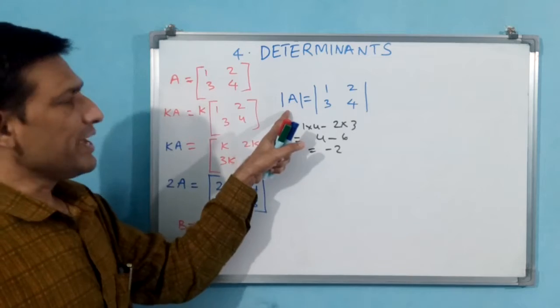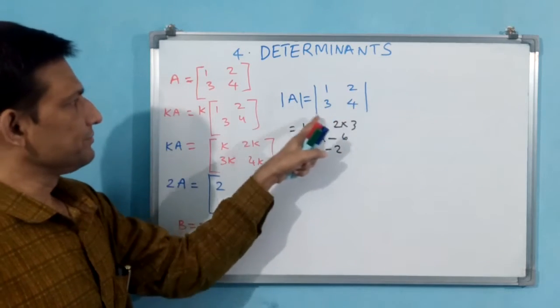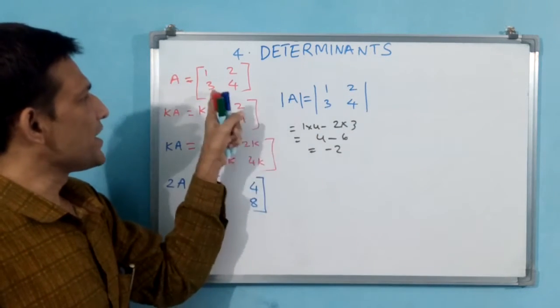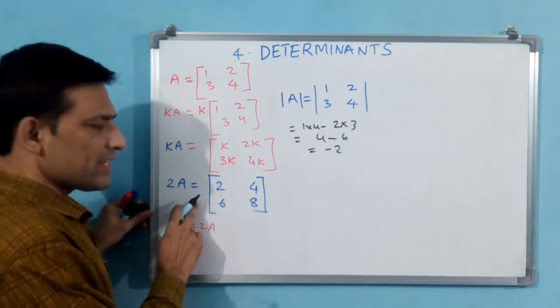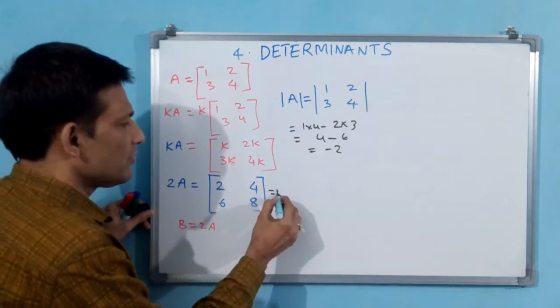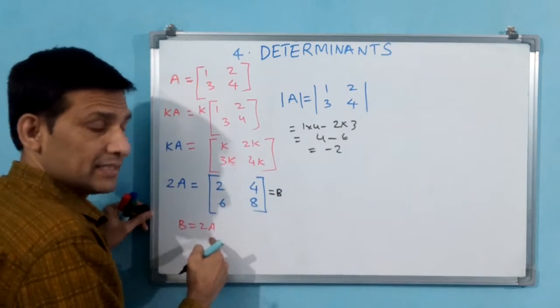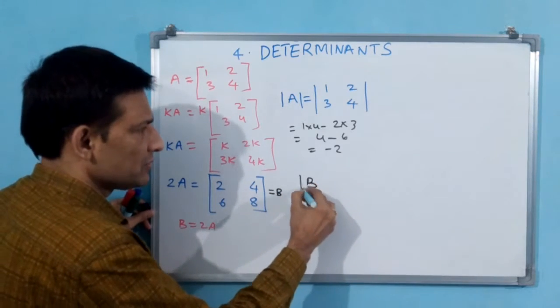For the same A, you are having determinant minus 2. Now I have taken this as the B matrix. Then I will take the determinant of this also.